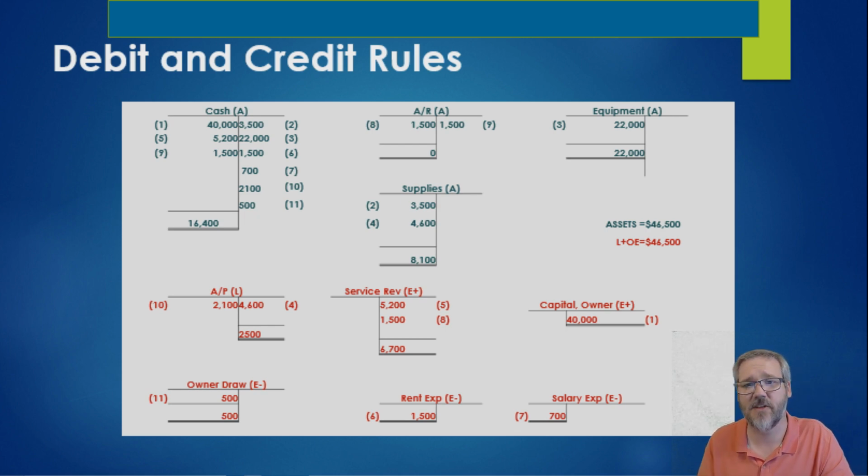It has $16,400. My accounts receivable, if you'll remember, I was told they would pay me, and then they paid me. So now I have 0 in accounts receivable because I have received that $1,500 in cash.